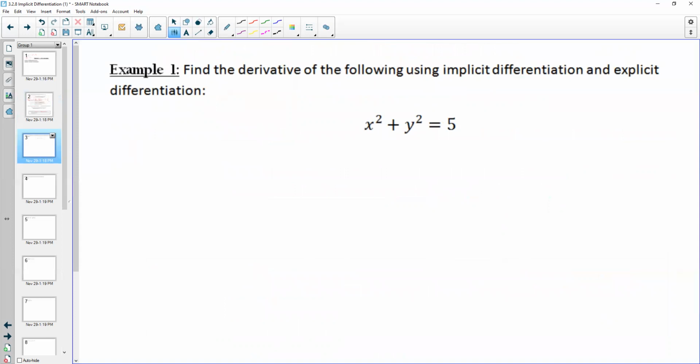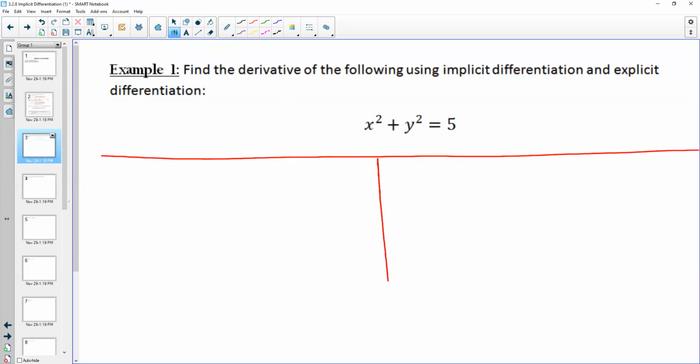Okay, so we're going to find the derivative of this using two strategies, implicit differentiation and explicit differentiation. So let's divide your paper in half right now. We will do implicit over here and explicit over here.